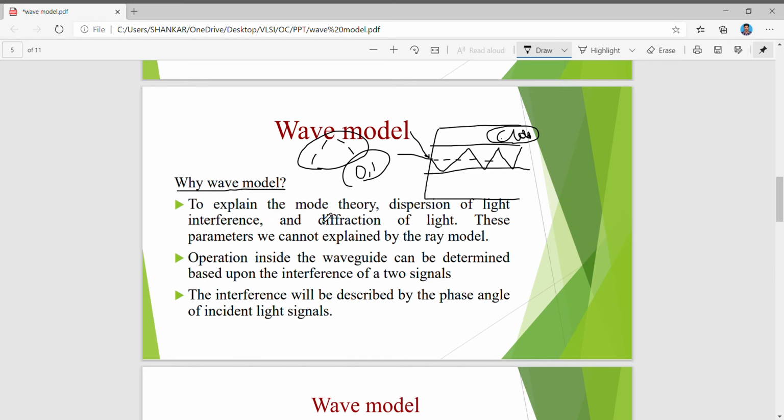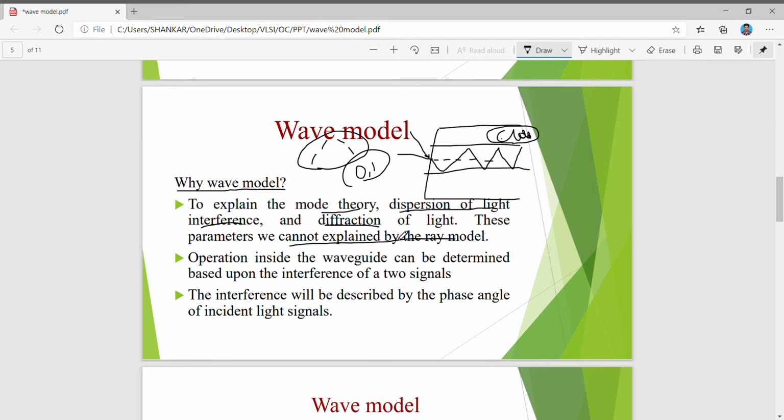Okay, so come to the point of why we are going for the wave model: to explain the mode theory and dispersion of a light signal, interference, and diffraction. All these concepts we explain by using the wave model. These topics cannot be explained by the ray model. These parameters we cannot determine with the help of a ray model.